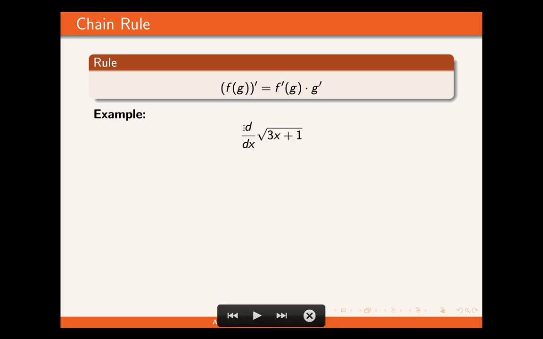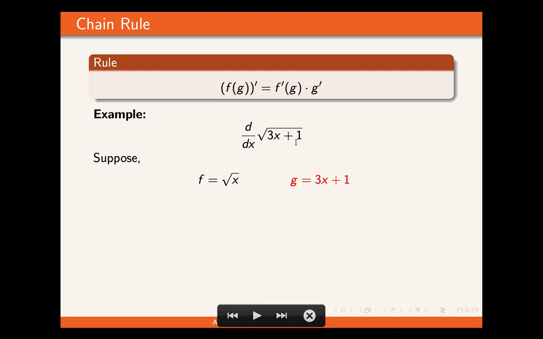So here our goal is to find the derivative of the square root of 3x plus 1 with respect to x. If you want to use the chain rule, we need to make sure that this function is the composite of two functions. If I assume f is the square root of x and g is 3x plus 1, then when we compose f with g, I need to evaluate function f on g, which means replacing x by 3x plus 1, and we immediately get the square root of 3x plus 1.